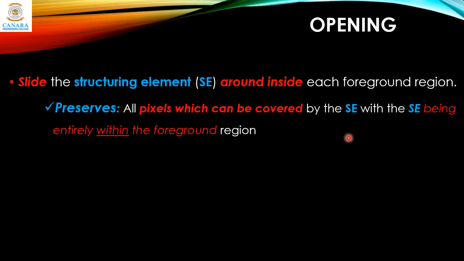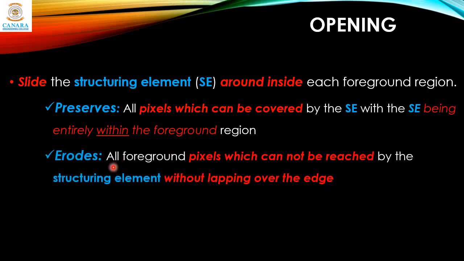So only the region which completely fits the structuring element will be preserved. Whichever cannot will be dropped out. Okay, so basically all foreground pixels which cannot be reached by the structuring element without lapping over the edge of the foreground object will be eroded away.